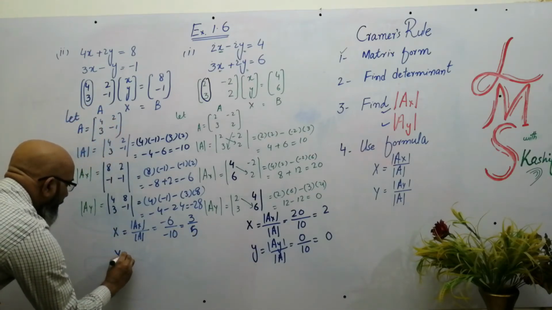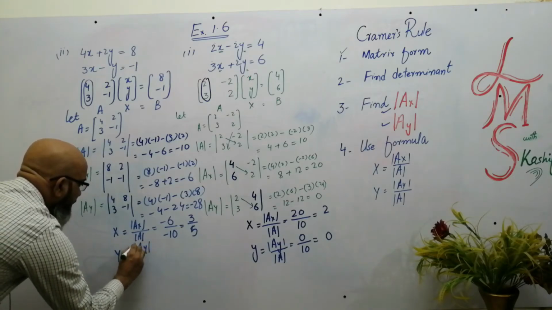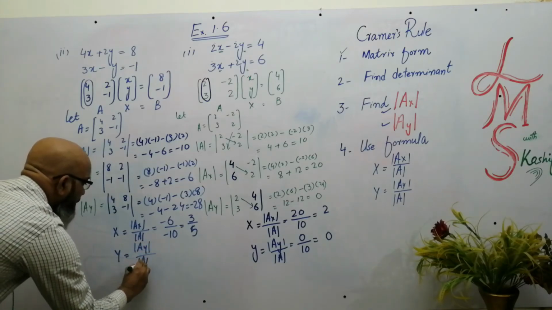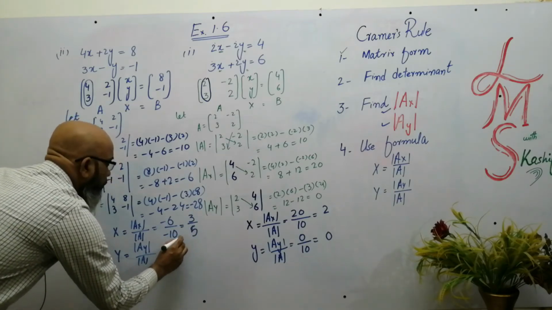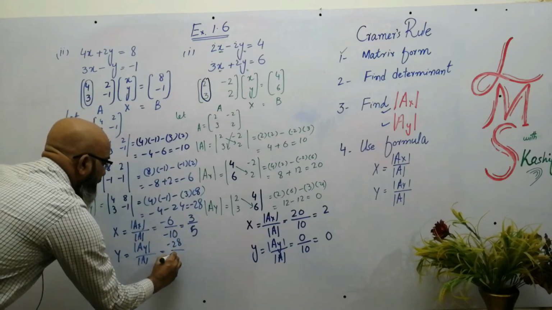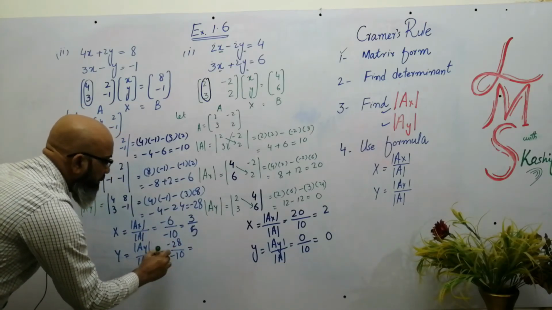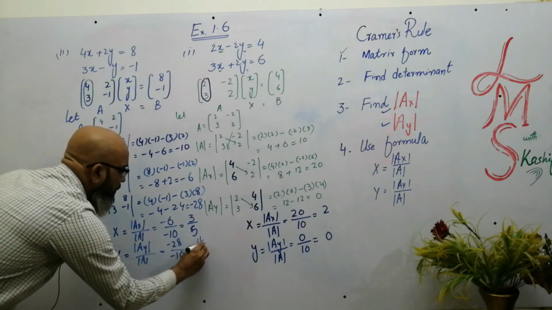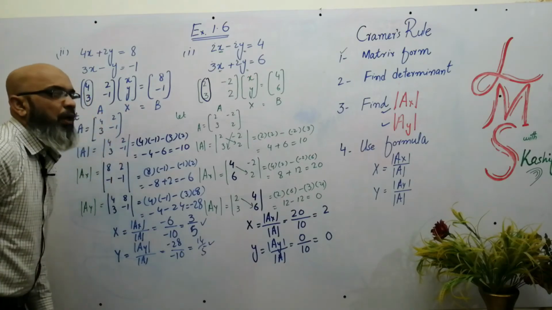And the y value is Ay determinant divided by A determinant. Minus 28 over minus 10. You simplify, cut with cut, table of 2, that is 14 over 5. So this is your value of x, this is your value of y.